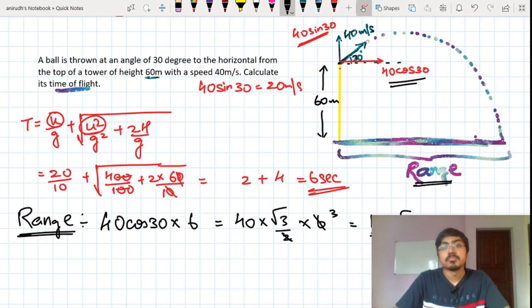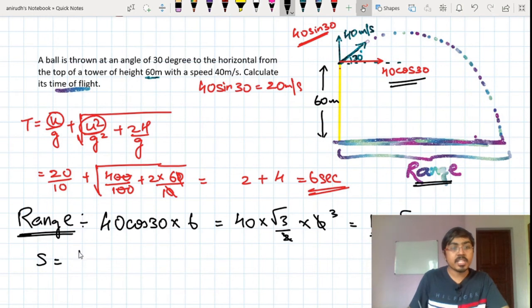Okay, right. Now if they are asking you the maximum height attained by the projectile, how will you find that out? For finding the maximum height attained by the projectile, you just have to consider the vertical component again. S is equal to ut plus half at square, ut minus half gt square. So S is equal to u is 40 by 2 is 20 multiplied by t. How much is the time taken to reach over here? Time is equal to u in the vertical direction, 20 by 10.